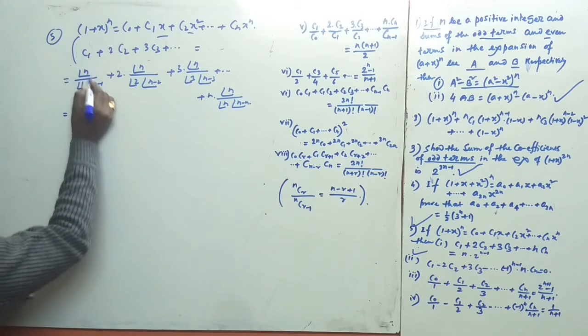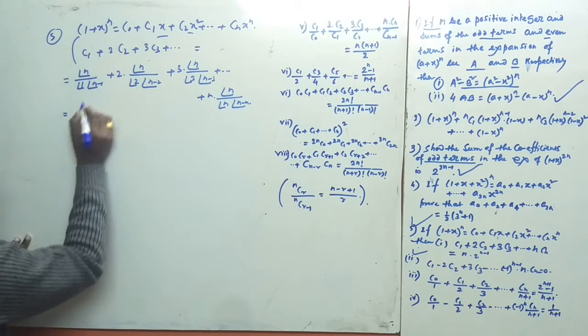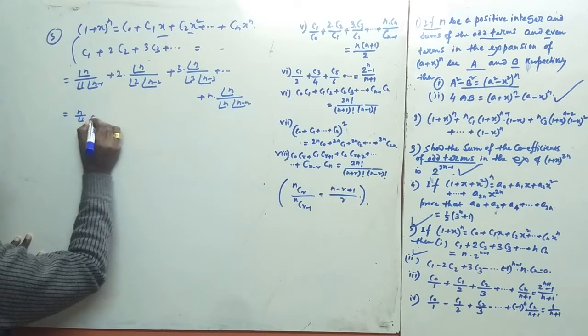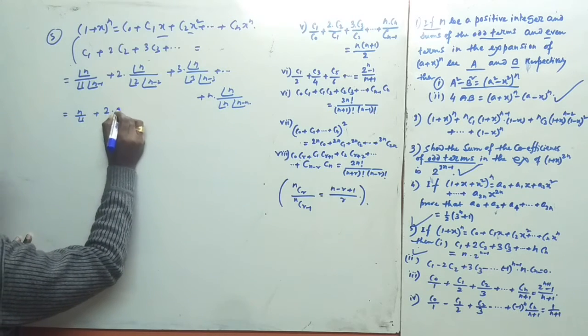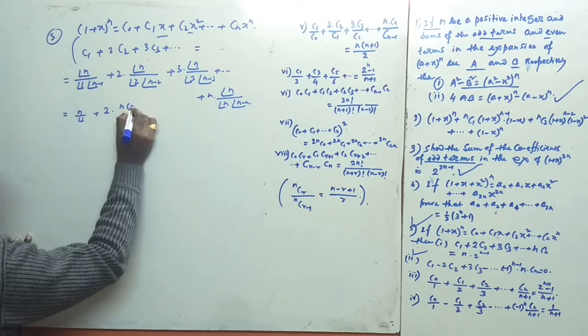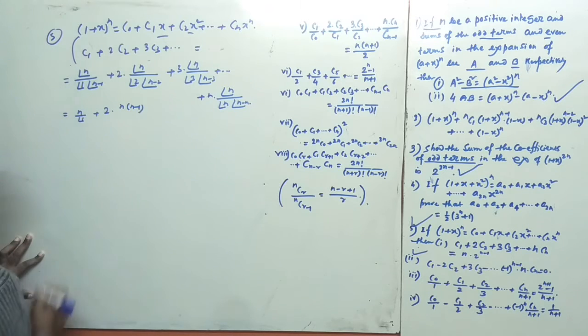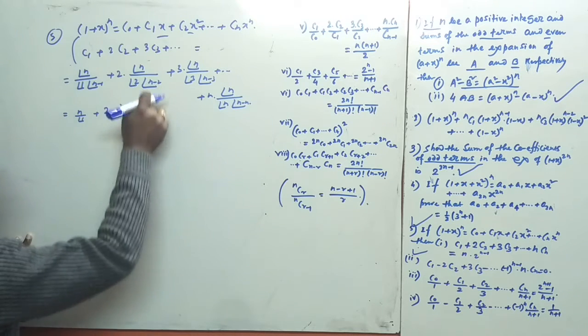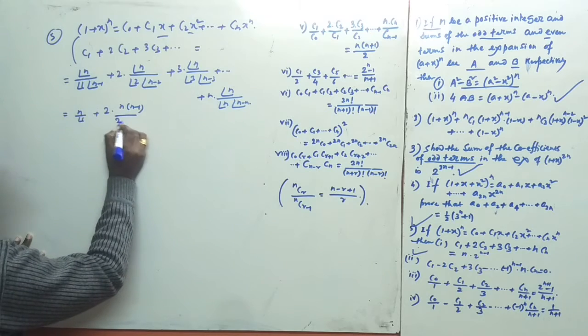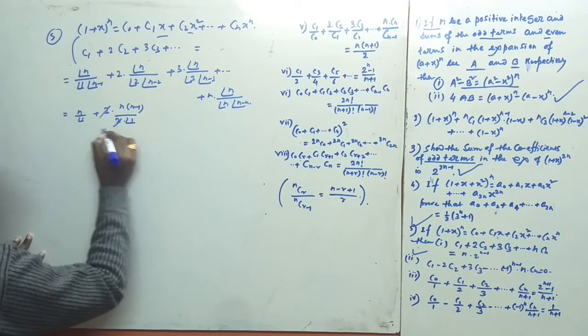Now see, if we expand, n into (n-1)!, so n by 1!. Again 2 into n into (n-1) cancels out with (n-2)! in the numerator, and this is 2 into 1!.